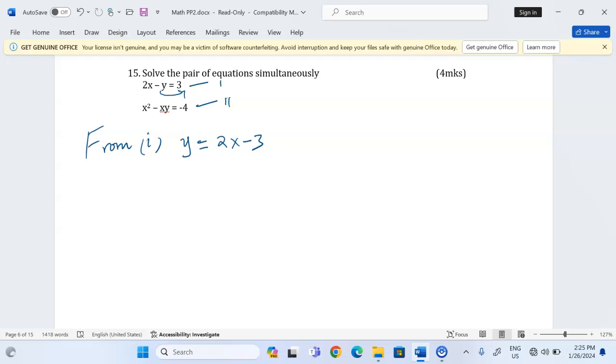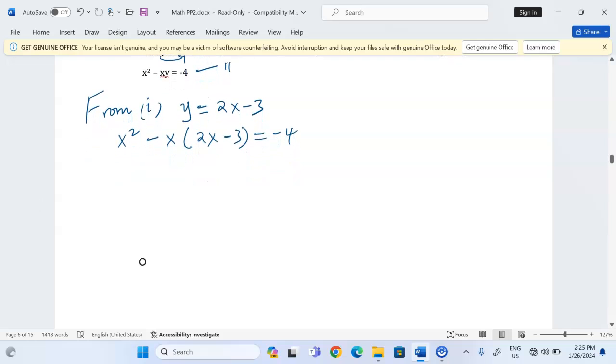Because y has been expressed from equation 1, now we substitute for y in equation 2, such that equation 2 can be rewritten as x squared minus x, then y, we will have 2x minus 3, equals negative 4. Now we can expand to have x squared minus 2x squared, and this becomes a positive 3x equivalent to negative 4.